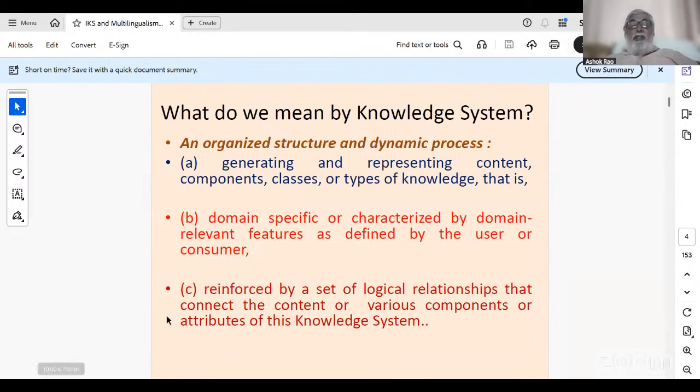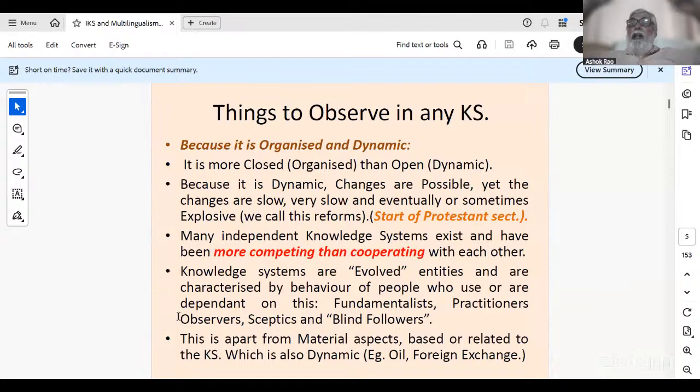Now there are 2 issues we need to look at. One is that it's an organized structure and a dynamic process. Because it is organized and dynamic, the following is true. It is more closed than open. It is not 100% closed, but it is more closed than open.